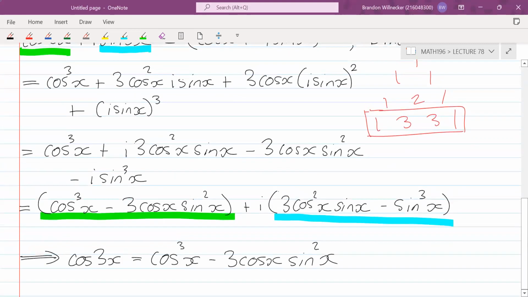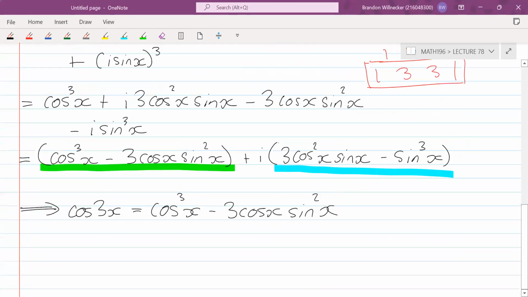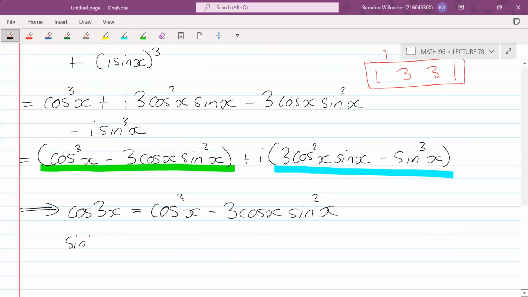so we can write that down. And the part that we were looking for, sine 3x is equal to 3 cos squared x times sine x minus sine cubed x. Okay, so we see that it's polynomial in cos x and sine x.